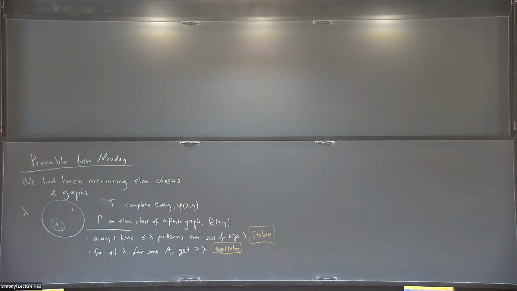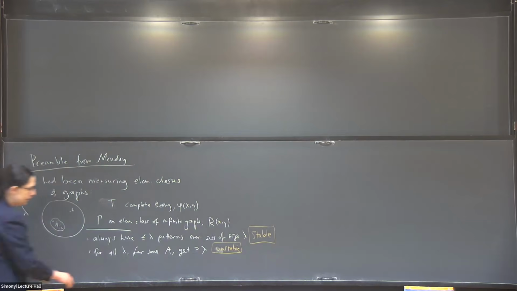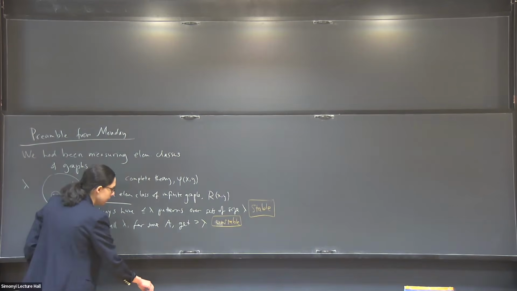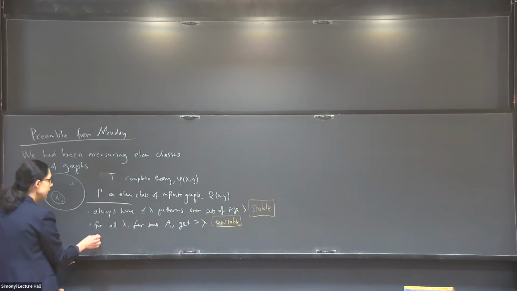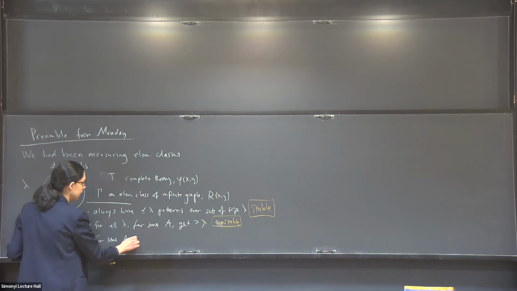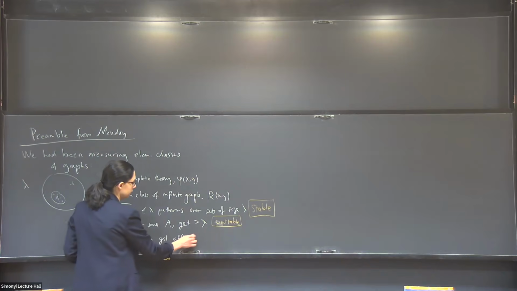So either in every infinite size, you don't have too many patterns, or in every infinite size, there's some set in which you get too many patterns. But we had also talked about VC dimension. So you could ask the question, is it true that for some A of size lambda, you get all patterns?